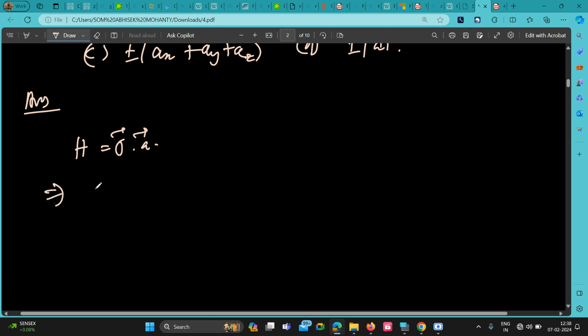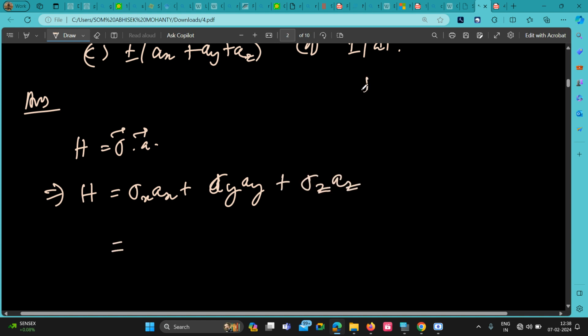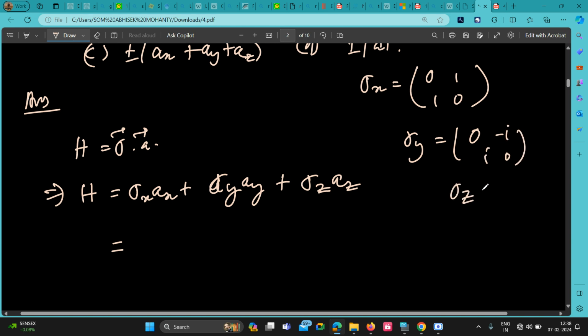So H is equal to sigma x Ax plus sigma y Ay plus sigma z Az, right? Sigma x is (0, 1; 1, 0). Sigma y is (0, minus i; i, 0). Sigma z is (1, 0; 0, minus 1).